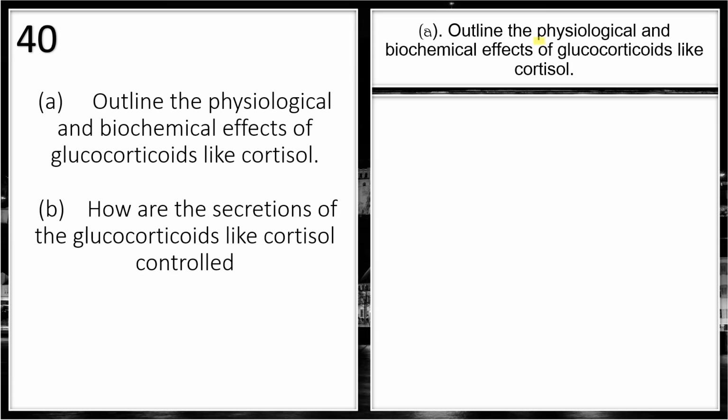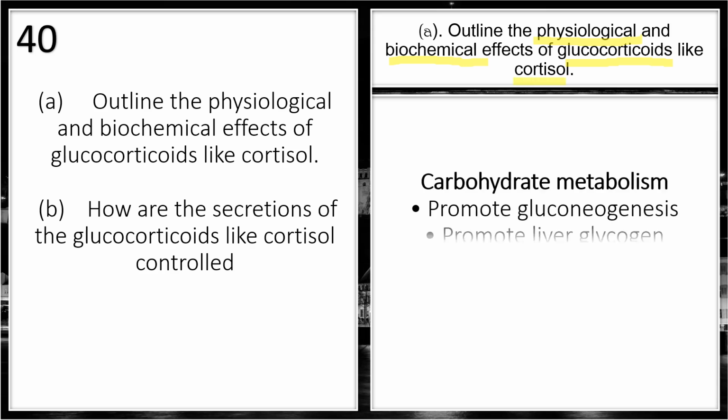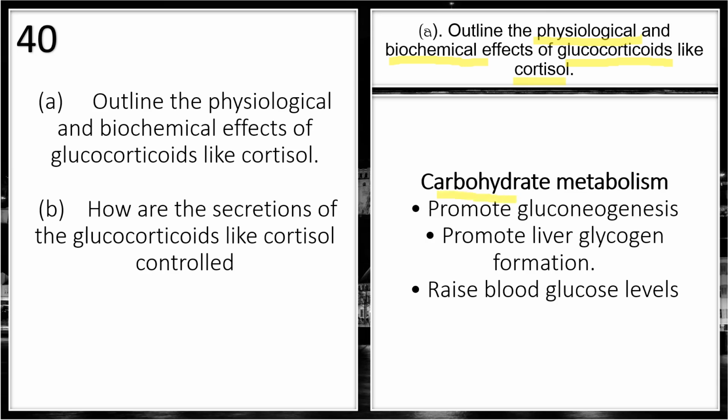Part A. Outline the physiological and biochemical effects of glucocorticoids like cortisol. Carbohydrate metabolism. This promotes gluconeogenesis. It promotes liver glycogen formation, raises blood glucose level.